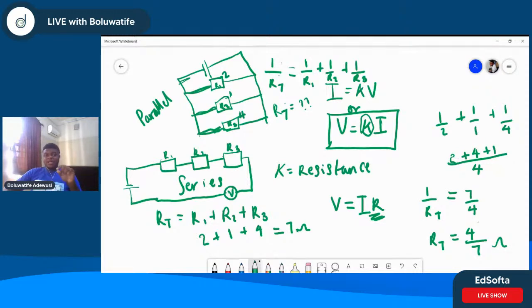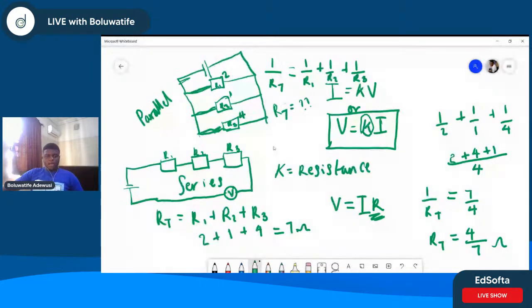When in series, the more resistors you add, the more resistance you get. Because if I only had 1 over 2, that would be more than having 1 over 2 and 1 together. So the more resistors you add, your total resistance reduces. But for series, total resistance will always increase.